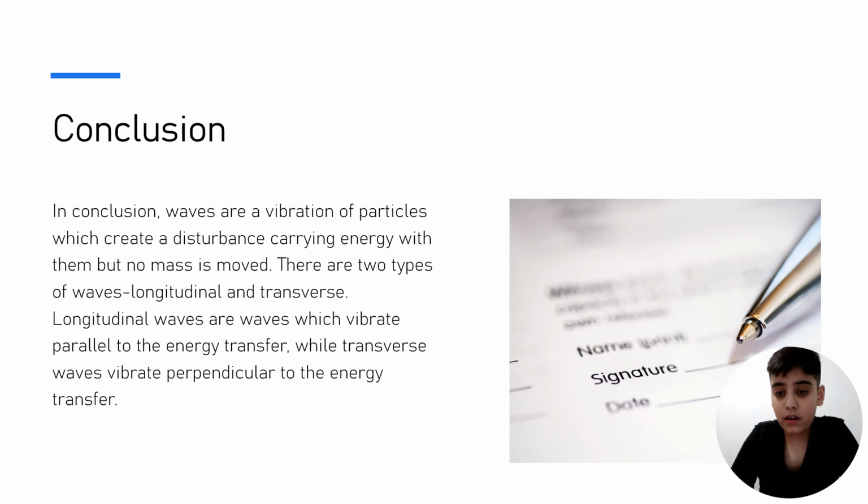And another thing is that there are two types of waves: longitudinal and transverse. Transverse waves, as we discussed before, vibrate perpendicular to the energy transfer, and longitudinal waves vibrate parallel to the energy transfer. This is one thing you must remember about waves.